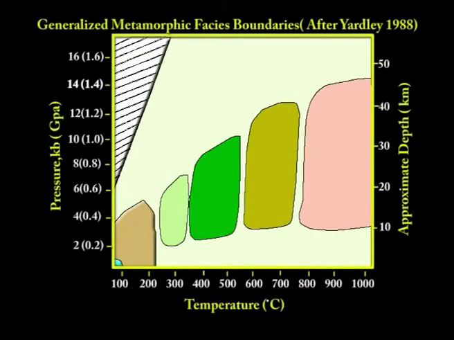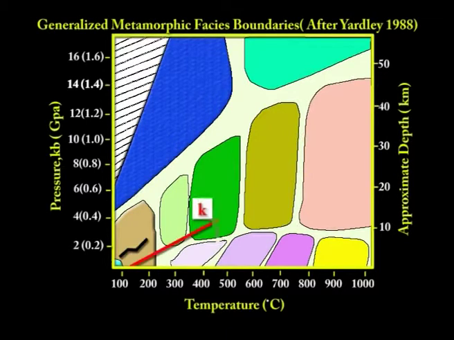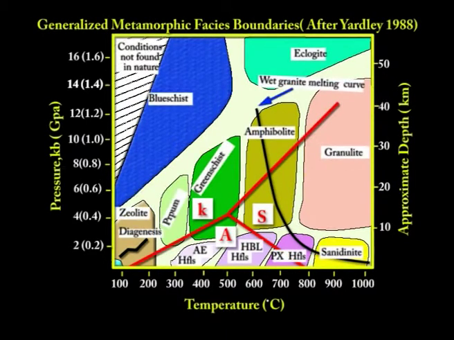As plagioclase is stable in amphibolite facies and glaucophane and zeolite are absent, the upper pressure limit may be around 8 kilobar. Thus, it is concluded that in the amphibolite facies, metamorphism takes place at 500, 550 to 700, 750 degrees centigrade at pressure between 4 to 8 kilobar.